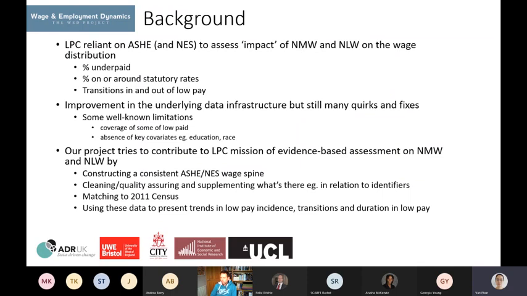Our project looks at the minimum wage and national living wage by constructing a consistent ASHE and NES wage spine, cleaning, doing quality assurance, and matching the 2011 census with the ASHE to provide more information. And we're using that data to present the trend in low pay incidence, transition and duration in low pay.